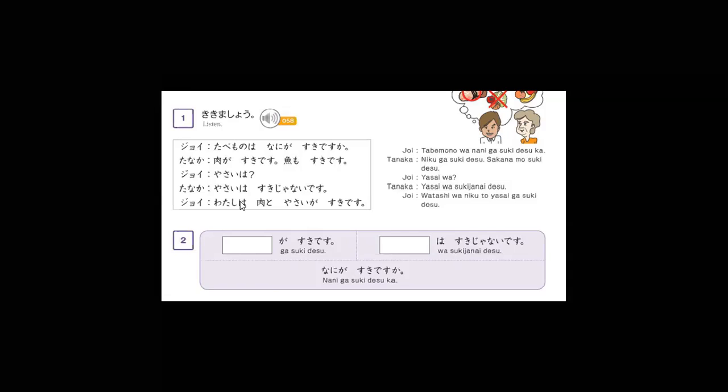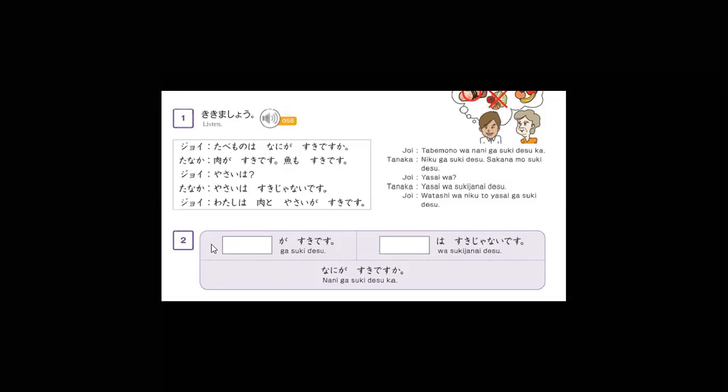Why? Because he or she wants to emphasize that for me, I'm different from you, so she added a 私 here. As for me, I like meat and vegetables.